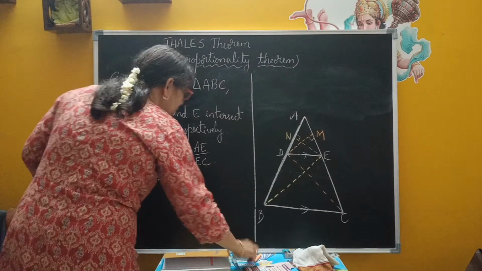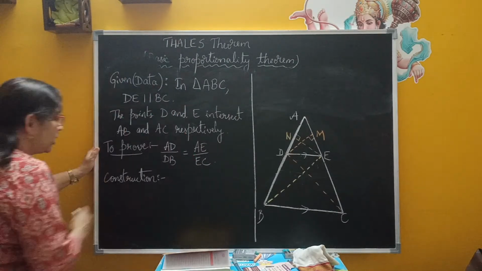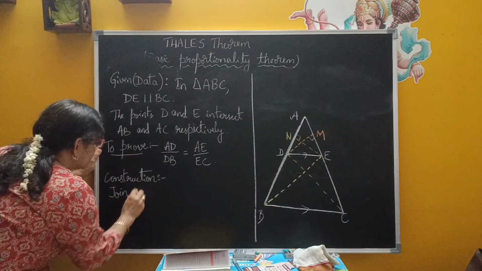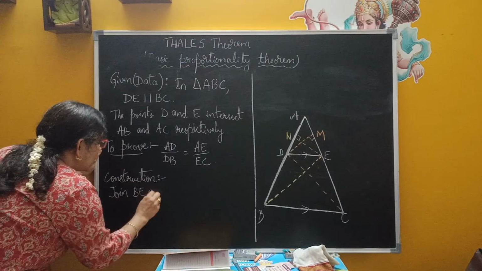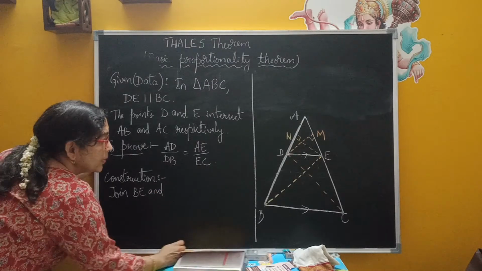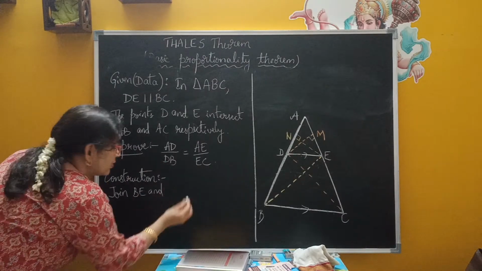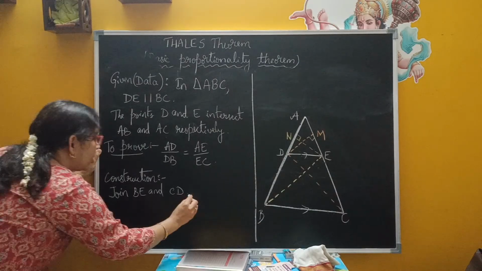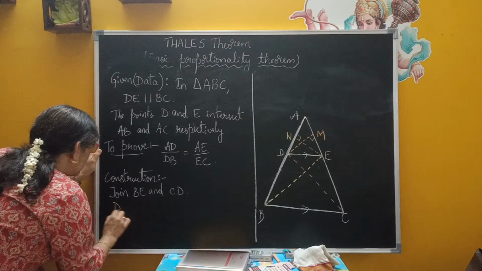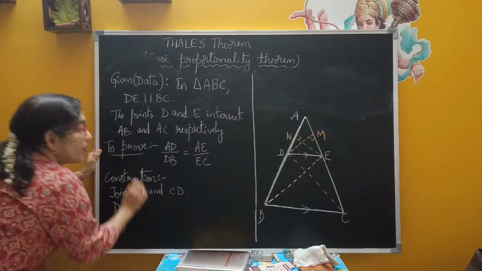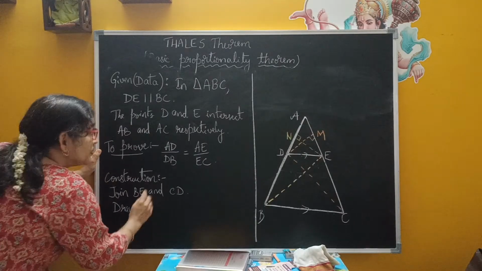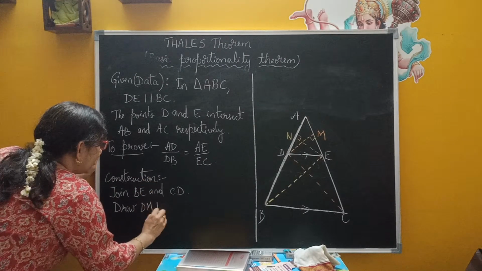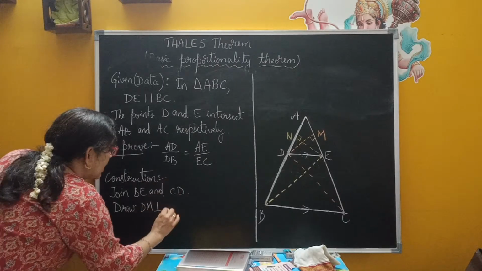Right, now what construction have we done? Join BE and CD, and draw DM perpendicular to AE.